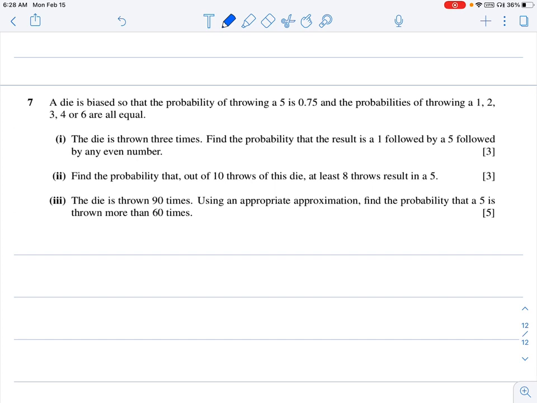Now coming to the last question, the 7th question. A die is biased such that the probability of throwing 5 is 0.75 and 1, 2, 3, 4, 6 are equal. So let us draw the table.